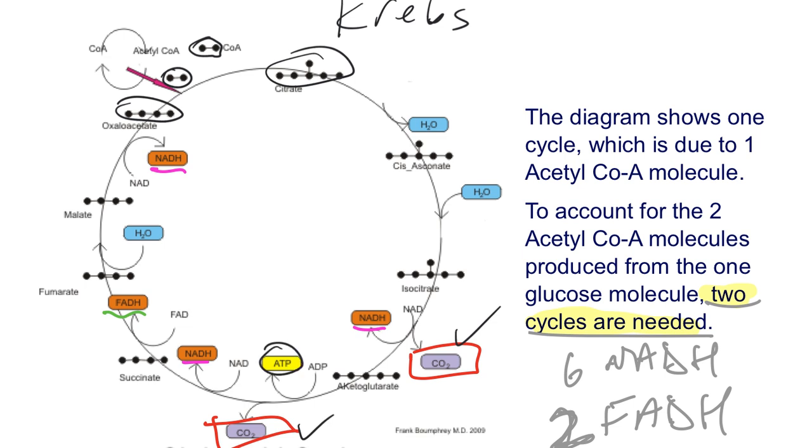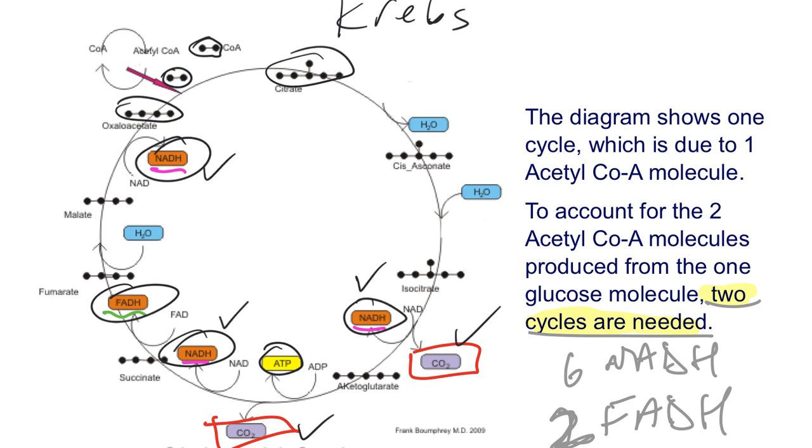ATP is formed, it's charged up. NADH is charged up. Some FADH is charged up. A lot of NADH is charged up. Actually, 6 NADHs per 1 glucose molecule. And then 2 ATPs, because the cycle goes around twice for 1 glucose molecule. And then 2 FADHs for 1 glucose molecule.